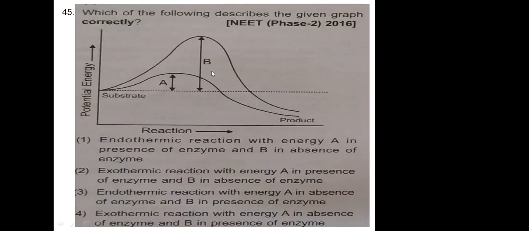Activation energy increases the kinetic energy of the system and brings about the conversion of substrate into the products. So here, this is a reaction with the release of energy, so it's an exothermic reaction with energy A in the presence of enzyme and B in the absence of enzyme.